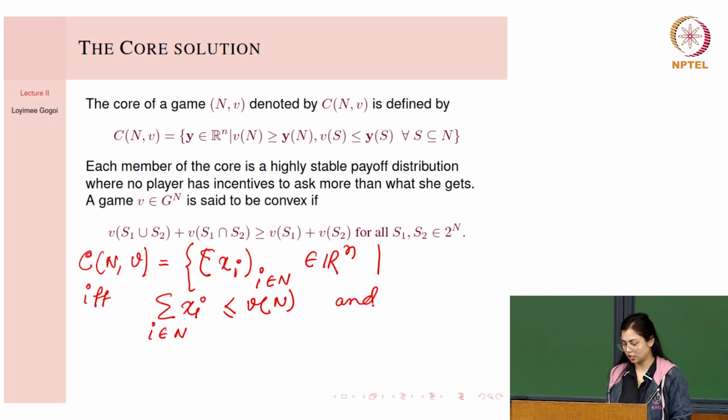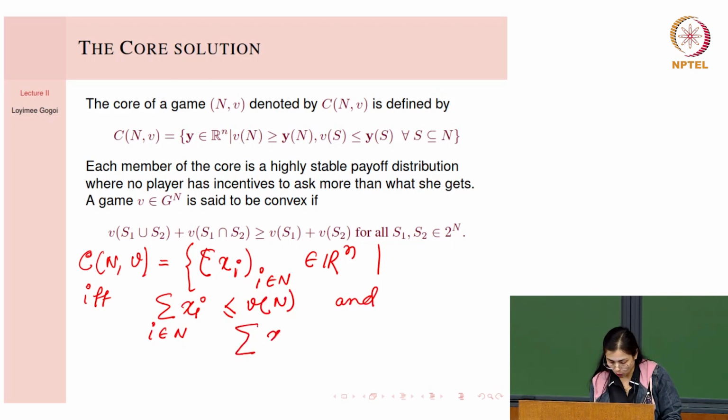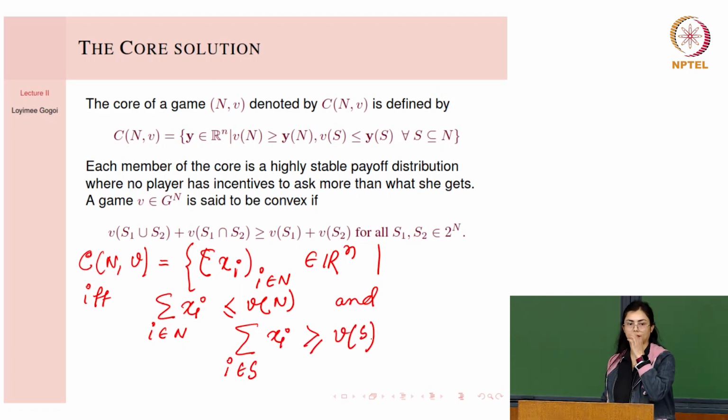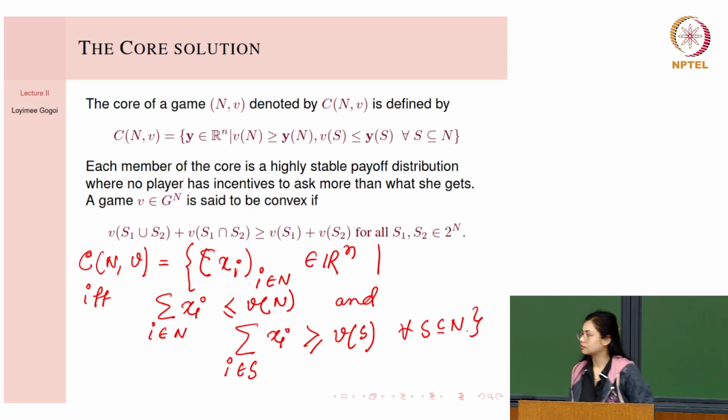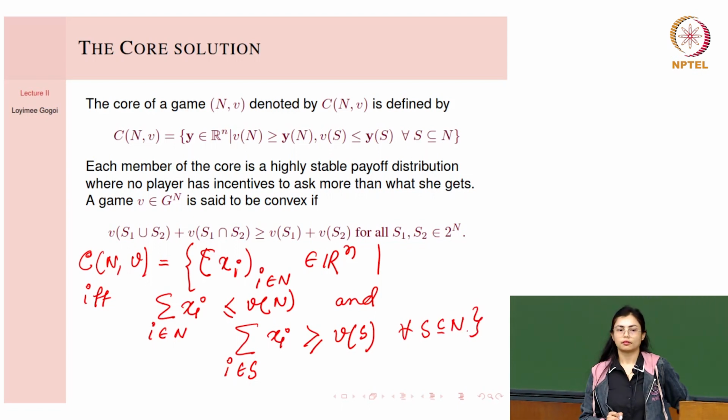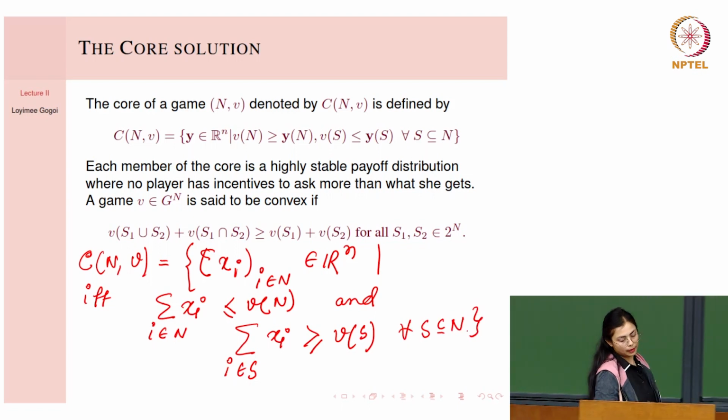And the second condition is that whatever the core allocation is for any players in that allocation rule, they should get at least the worth of those coalitions.